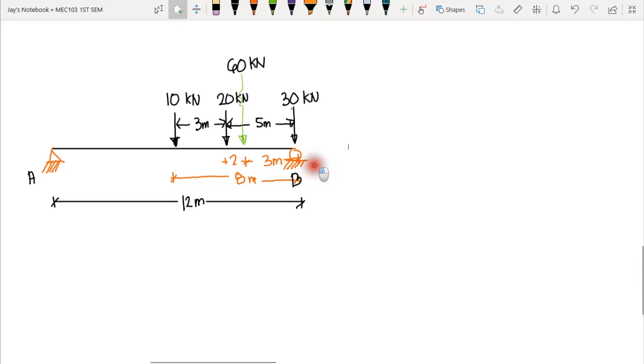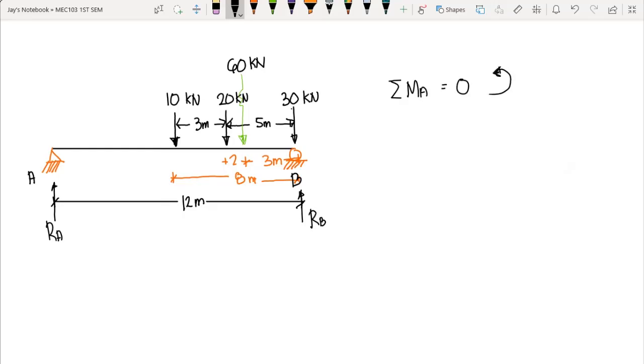So we compute for the reaction at B, since the reaction at B is the maximum shear. So we sum up moments at A equals 0, and the counterclockwise rotations are positive. So we have RB times 12 minus 60, so we use the resultant instead of the loads.